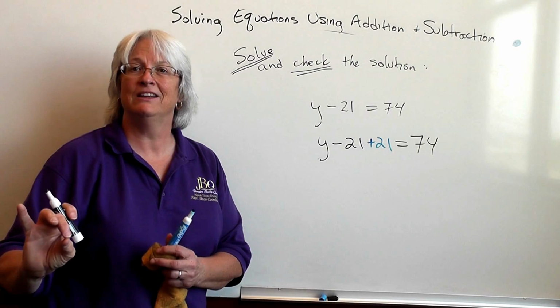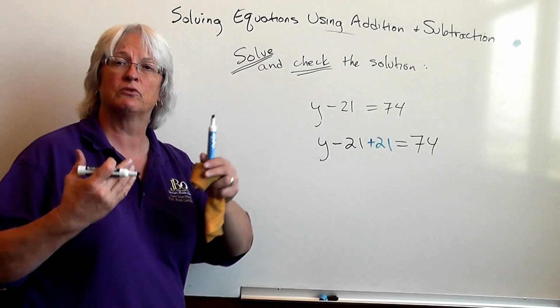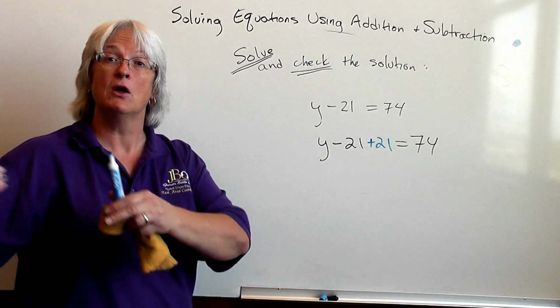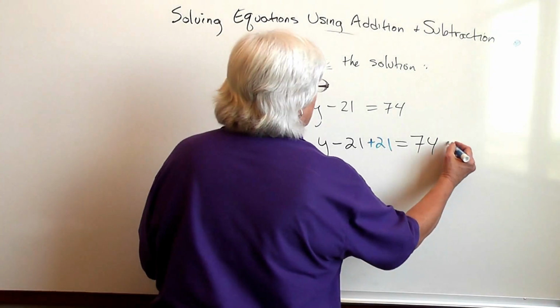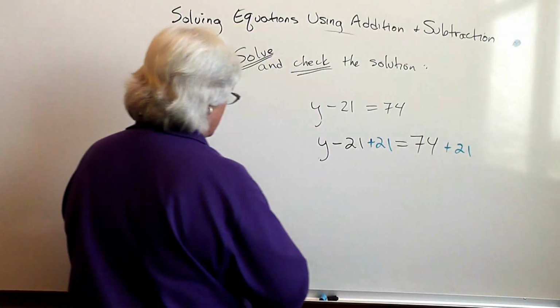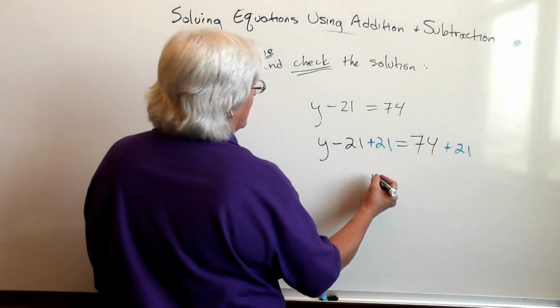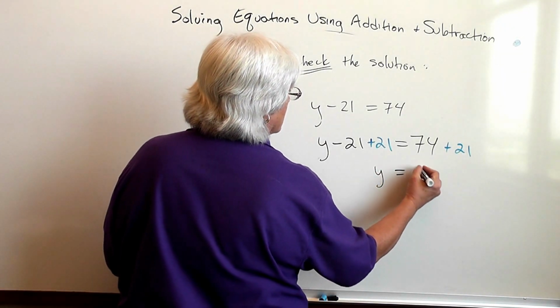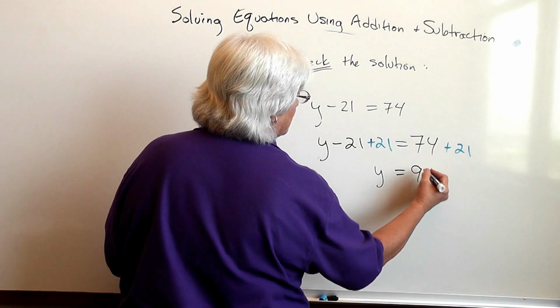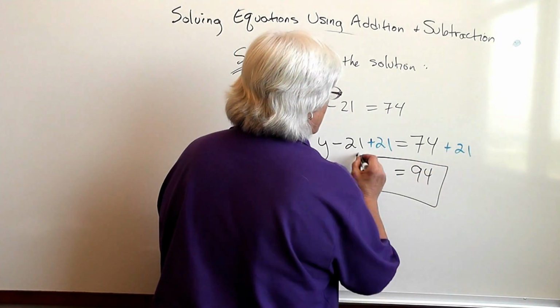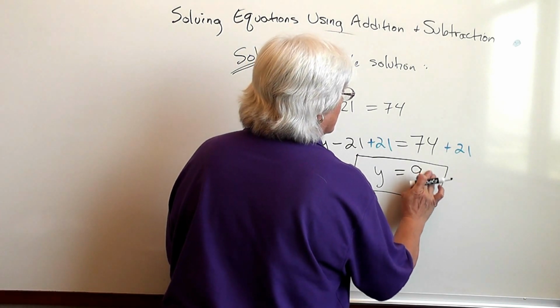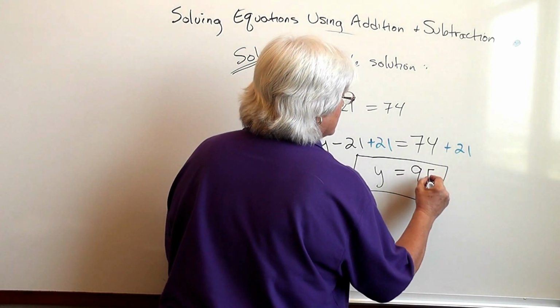You are not done here because you have to perform the same operation on both sides of the equation. So you add 21 to both sides of the equation, and you have y is equal to 94. And if you know how to add, it's not 94, but it is 95.